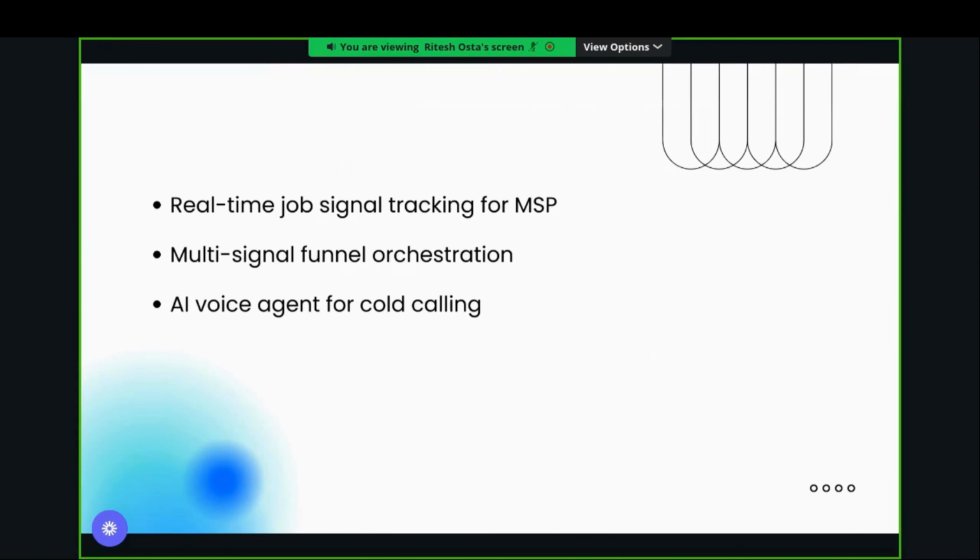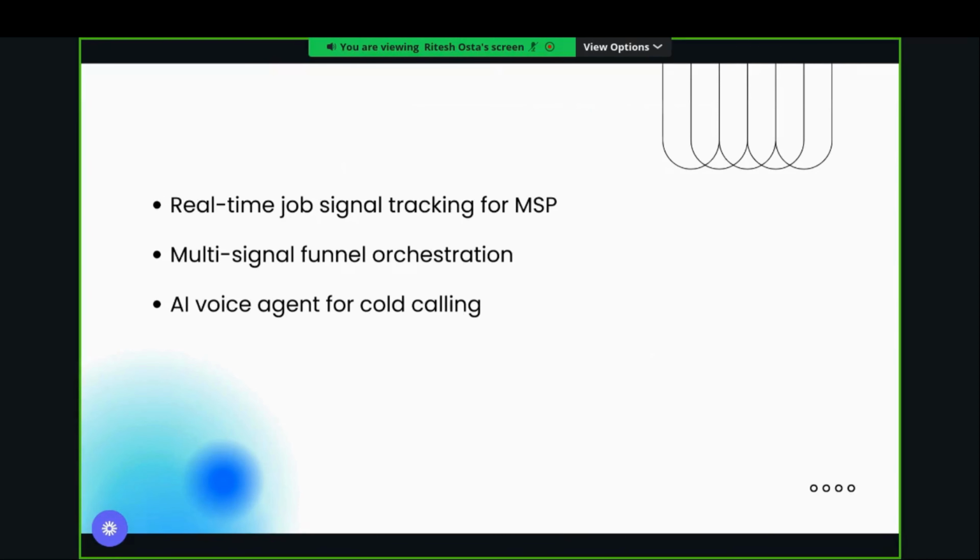So if you are a recruitment agency or a manpower service provider or HR recruitment firm, or even a job seeker, it's applicable to all of them, and you are trying to help companies find the right prospect.